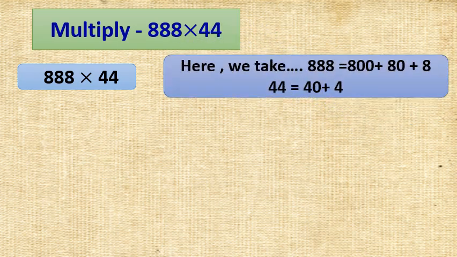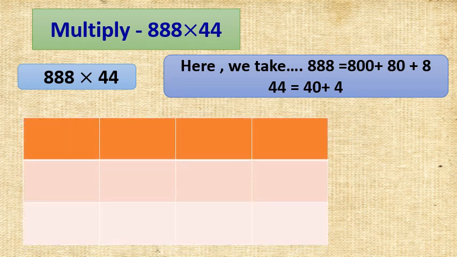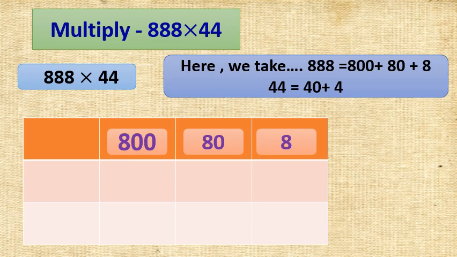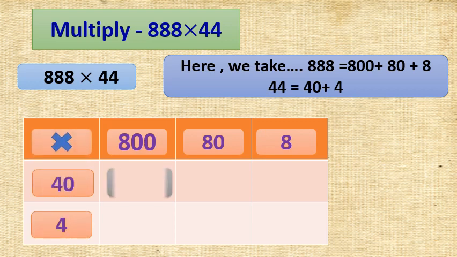That is 888 is equal to 800 plus 80 plus 8. And 44, how will we write? 40 plus 4. Correct? Now this is our table. We will write here 800 plus 80 plus 8. And here the multiplication sign. Here 40 and 4.